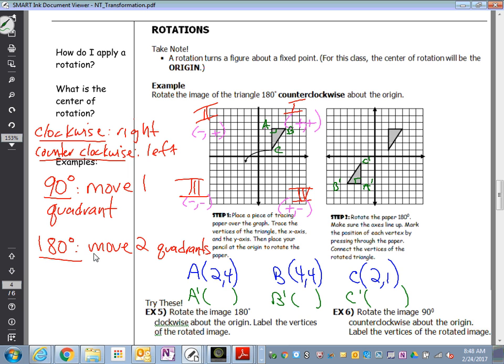So what is A prime? Negative. Yeah, it's just a total opposite, because it's 180.